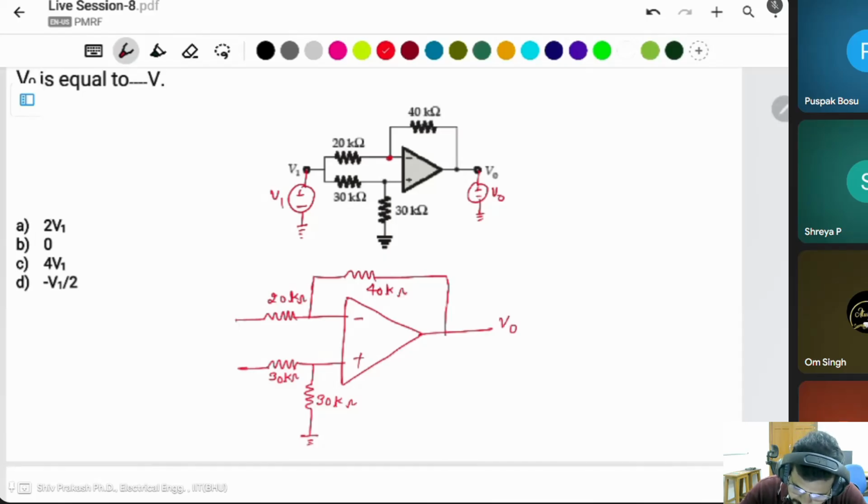This is a common point or connection of V1. I write it as V1 here. It is a common point. These two are connected to the same point.